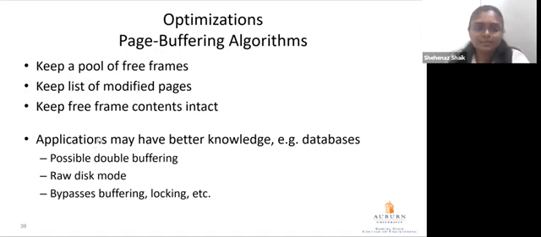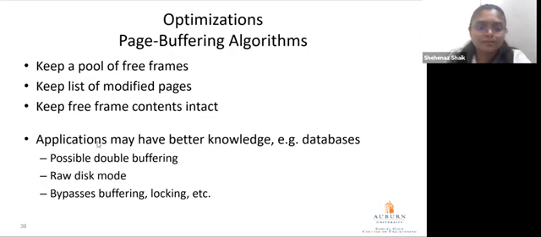So for that reason, instead of the operating system making the decision regarding which pages need to be buffered in memory, or which pages need to be brought in ahead of time, for some specific type of applications like databases, we should be able to allow the applications themselves to manage the corresponding memory by themselves.